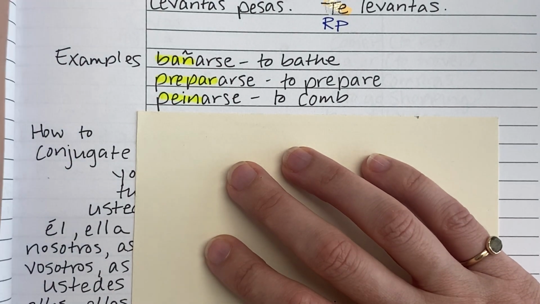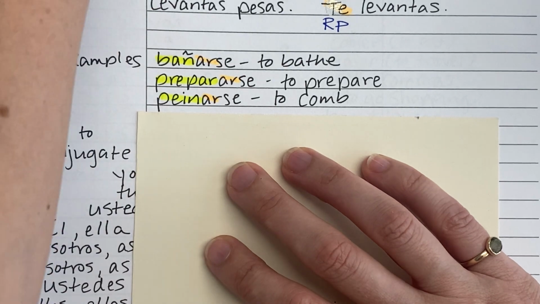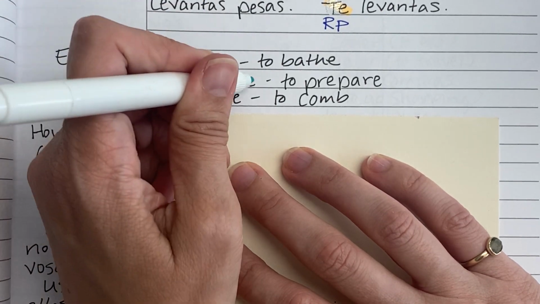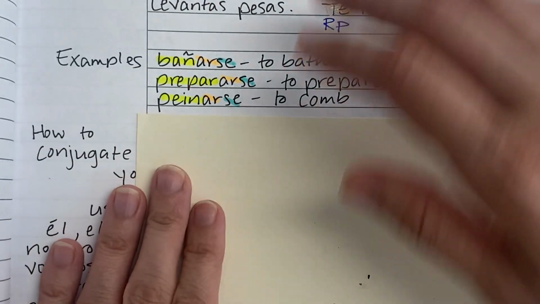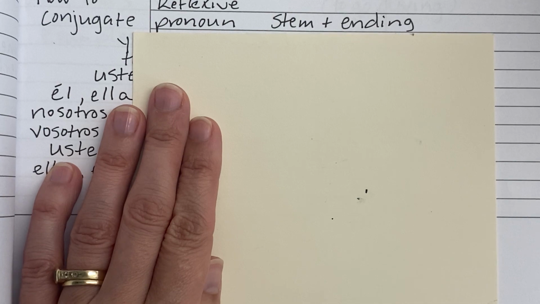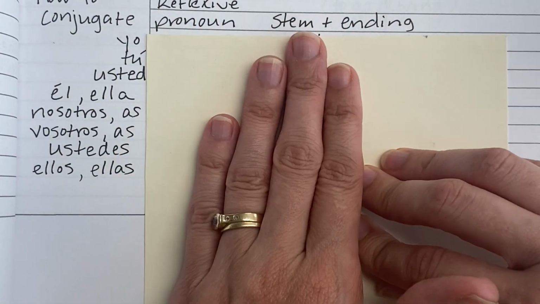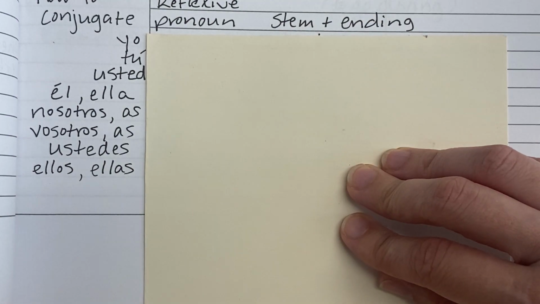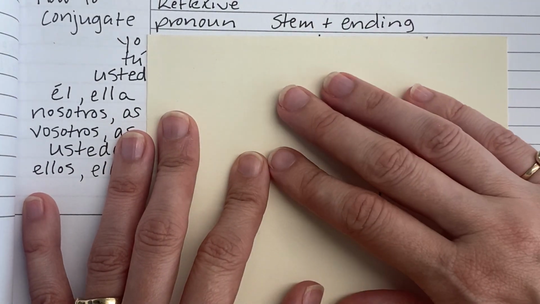We have the AR ending, ar, and we have this reflexive pronoun here, se, okay? So when we conjugate these verbs, here's what we do. We put the reflexive pronoun in front, just like we saw up above. Then we have the stem plus the correct ending. These are all AR verbs, so we are going to use AR endings.